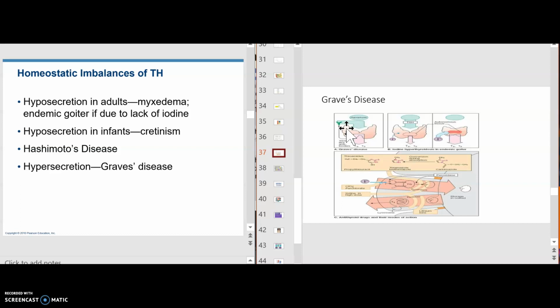This autoimmune reaction causes antibodies to be released that resemble TSH, and since they resemble TSH, they cause a hypersecretion of thyroid hormone. So Graves' disease is an autoimmune condition which causes hyperthyroidism.